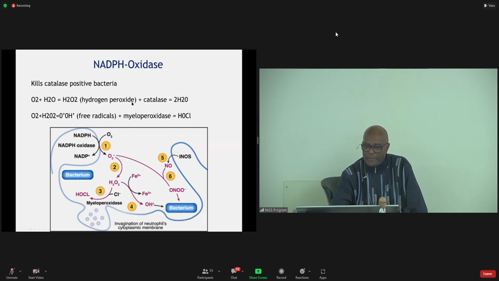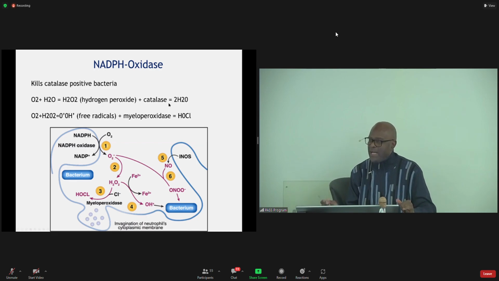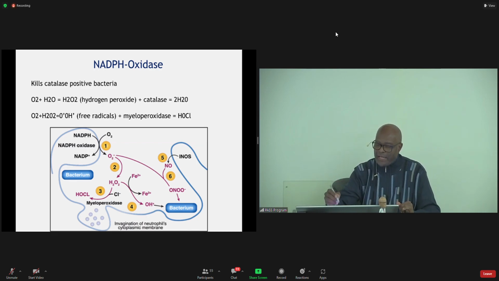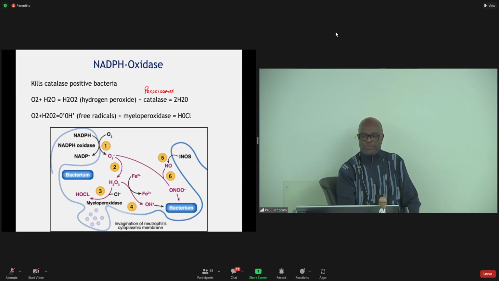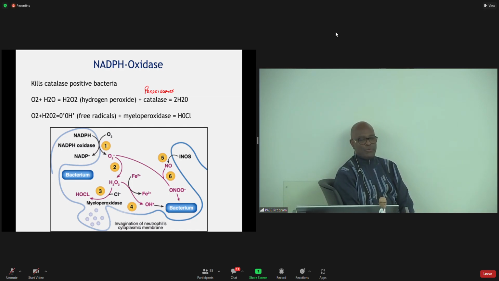Hydrogen peroxide. And then to make sure hydrogen peroxide doesn't get out of hand, your body has catalase. So we have specialized lysosomes, which have a lot of catalase, so they call them peroxisomes, as in hydrogen peroxide. These are specialized lysosomes with a lot of catalase to negate the hydrogen peroxide.